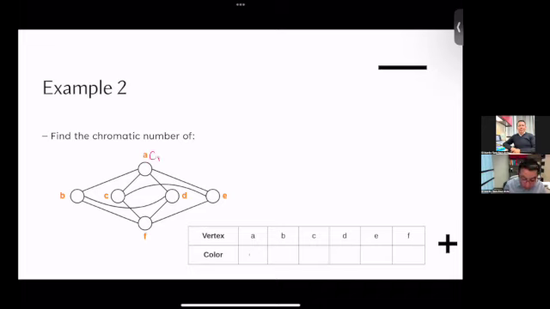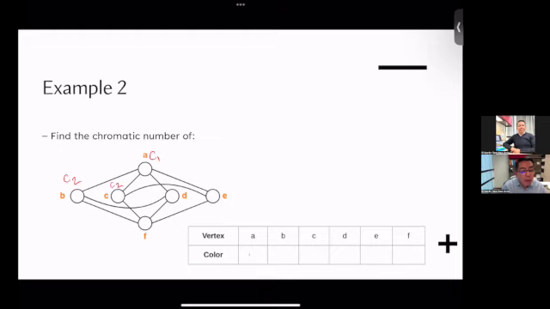So I start here, I use color 1. When I move, for instance, to B, I know that I cannot use C1, so I will use C2. Then I move to C. I consider C1. C1 is not possible because it is connected to A, but it is possible with C2 because C is not connected with B. So C2.